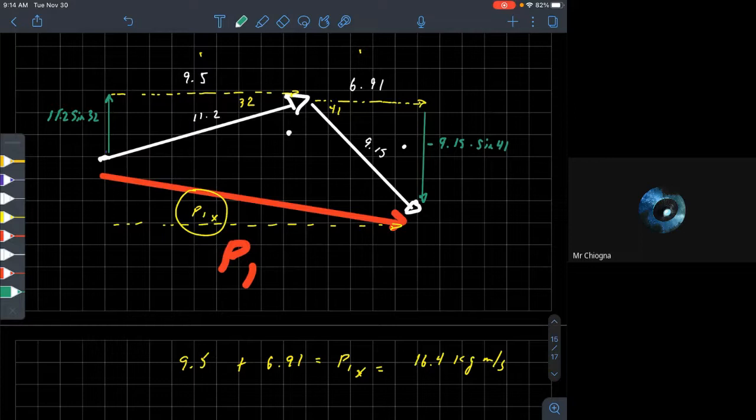11.2 times the sine of 32 is about what? 5.5-ish? 5.9. I'm going to erase it. I need the room. So this here is 5.94.